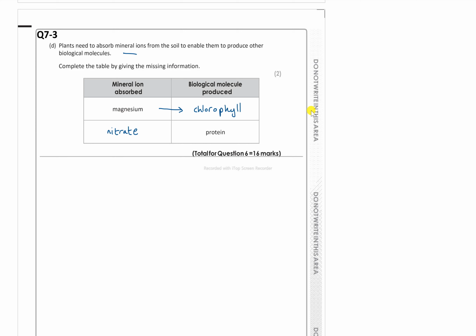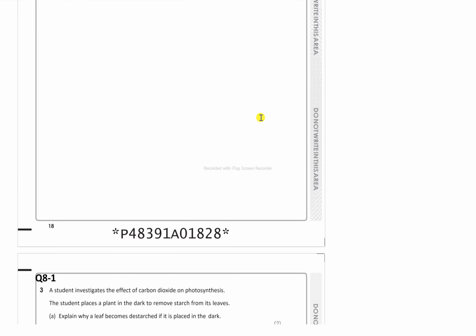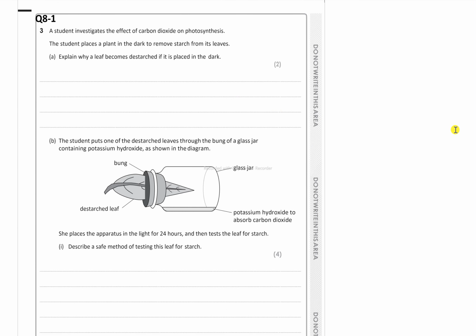They'll allow ammonia or ammonium ion, but I would stick to nitrate for proteins, magnesium for chlorophyll, phosphate for nucleuses or nuclei. I think we've done this.